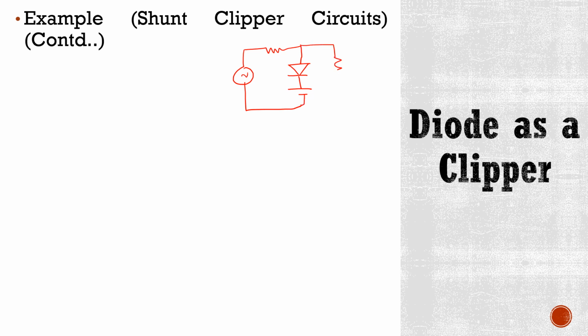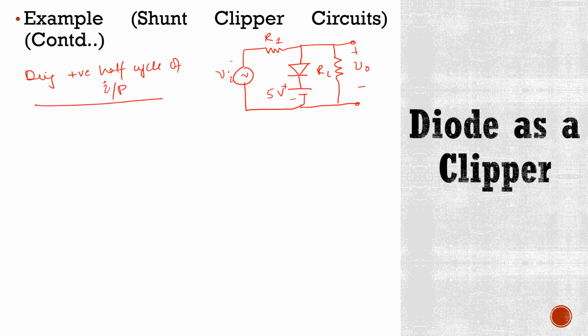And here we have the load resistor, V0 plus minus, this is Vi, R1, RL, and this is plus minus 5 volts. Now what would happen during the positive half cycle of input?